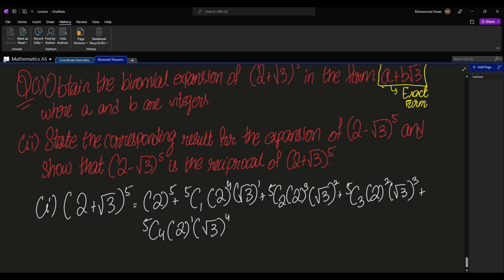Alright, and now plus 5C5 into 2 power 5 minus 5 is 0, into under root 3 power 5.